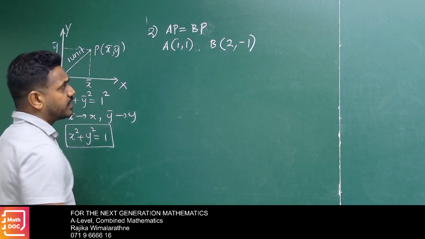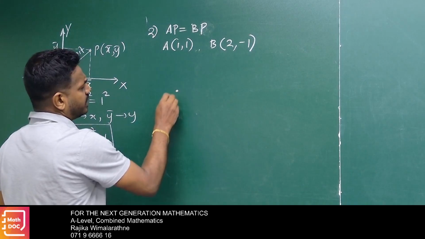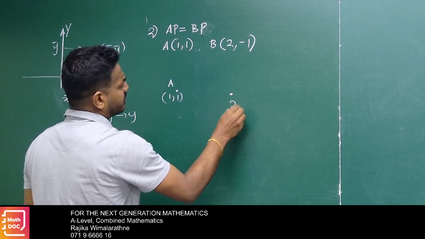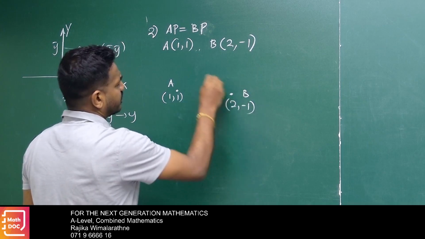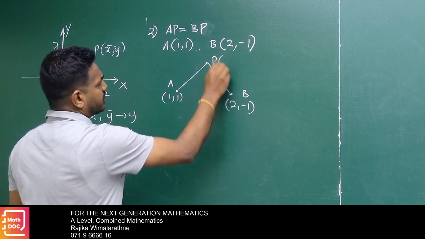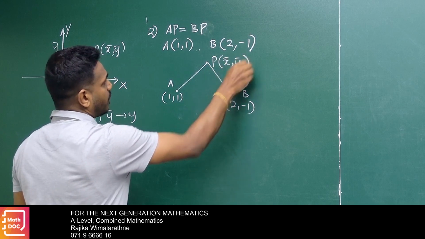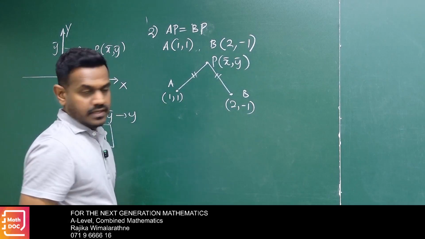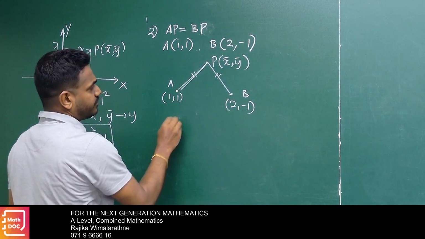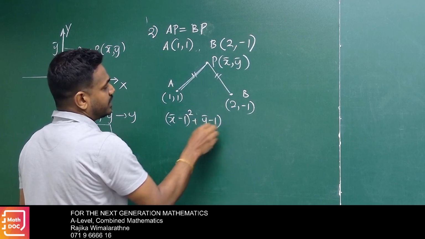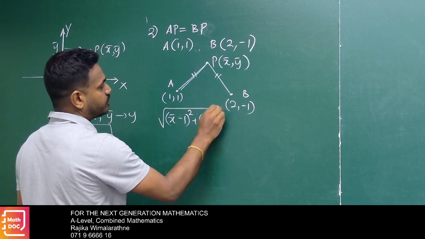Okay, see. Now here point A (1, 1). Point B (2, -1). Take P here, say (x bar, y bar). Then AP equals BP, no? AP length is square root of (x bar minus 1) square plus (y bar minus 1) square, distance between 2 points.